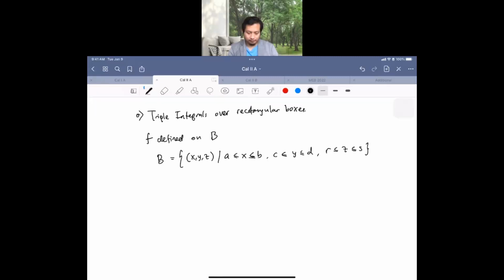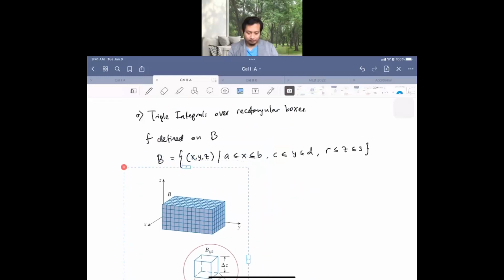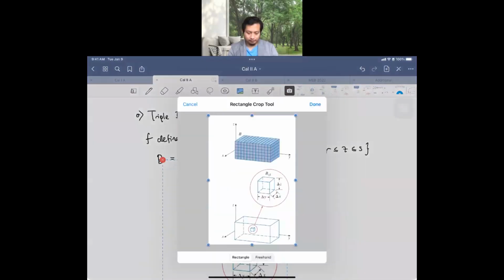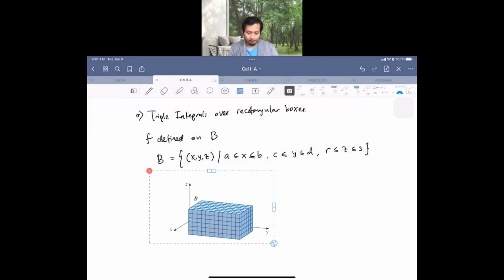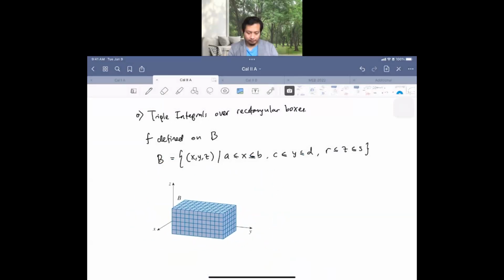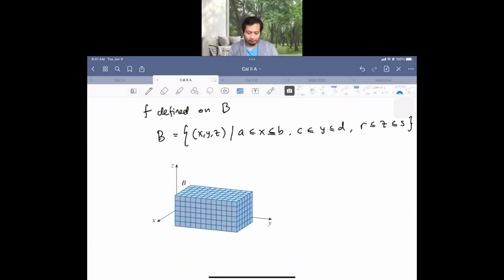Now by doing this, we are looking at the volumetric, right? We are looking at the volume that is made up from x, y, and z. So if we would like to draw, let's start from the first one here. So this is our B. So B is, you can imagine like a box. Right?